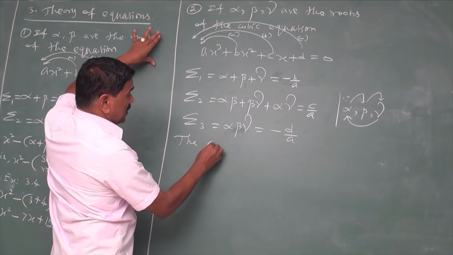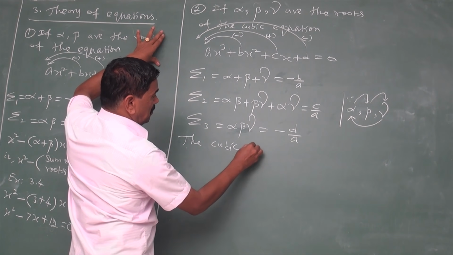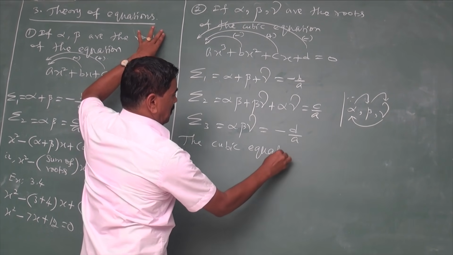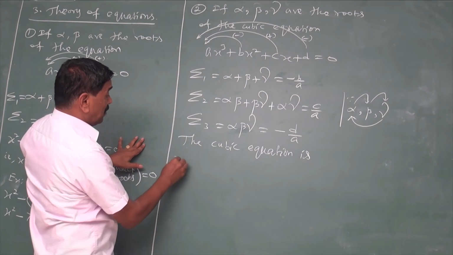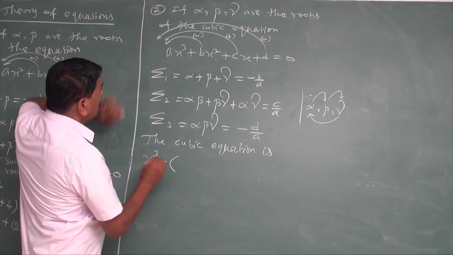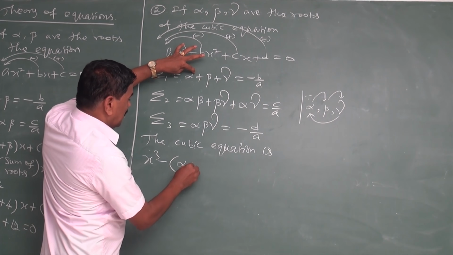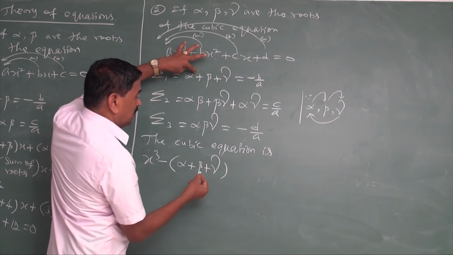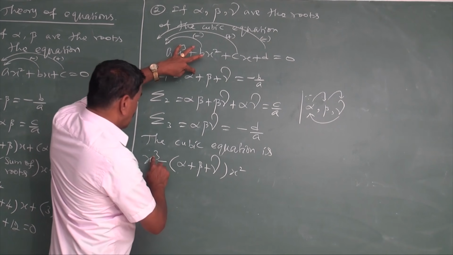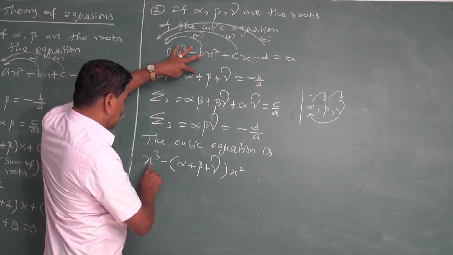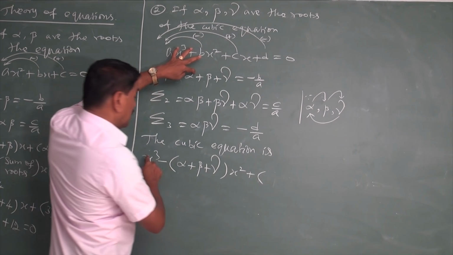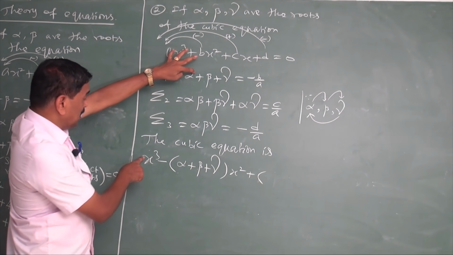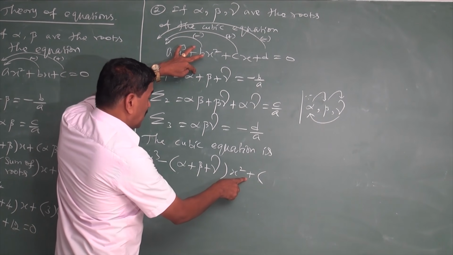The required cubic equation is given by the formula: x cube minus the sum of the roots taken one at a time, that is alpha plus beta plus gamma, into x square. Listen, the x powers are decreasing: x cube, then x square. The terms are alternately plus and minus: plus, minus, plus.